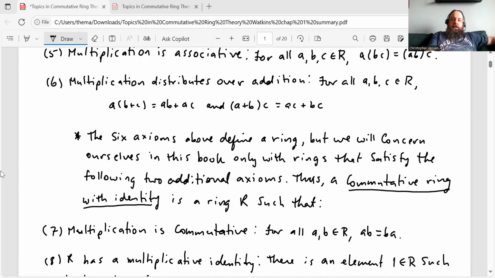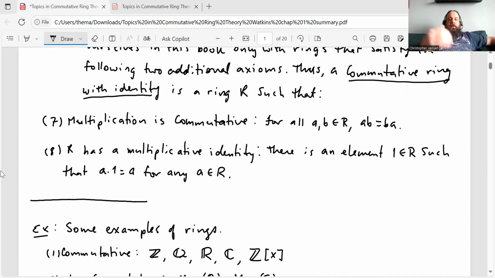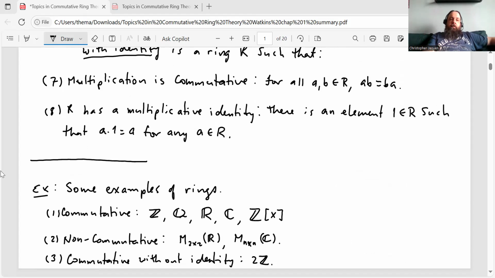Thus, a commutative ring with identity is a ring R that satisfies the previous six axioms, but also these next two. Seven, multiplication has to be commutative, and eight, R has to have a multiplicative identity, meaning an element that when you multiply by it doesn't change the element. All right, so that's the definition of a ring, and also of a commutative ring with identity.